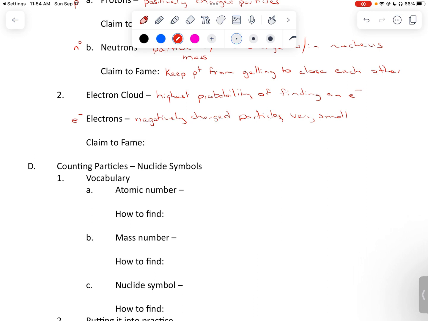Our claim to fame for an electron is that it is involved in bonding. This determines how an atom will bond, which, as you'll see, we'll spend the rest of the year working on. So very important, even though it's such a small little thing.